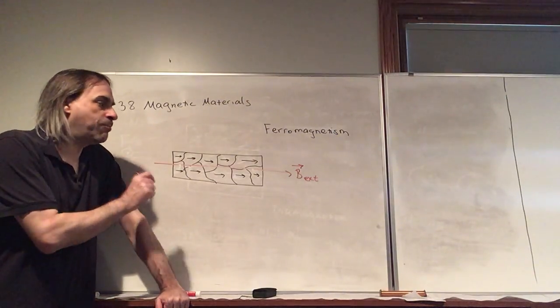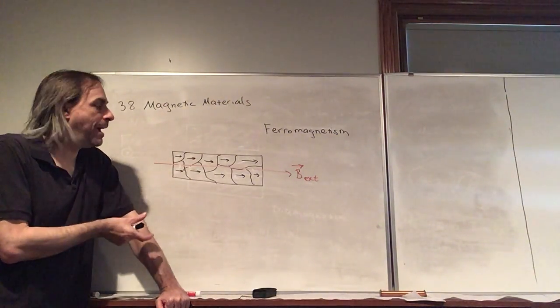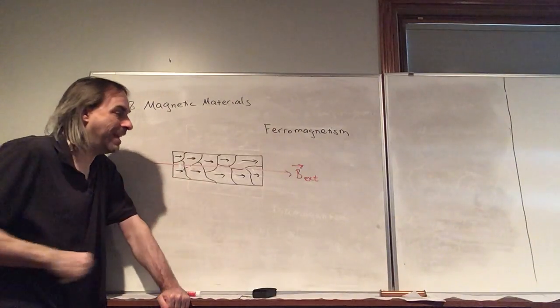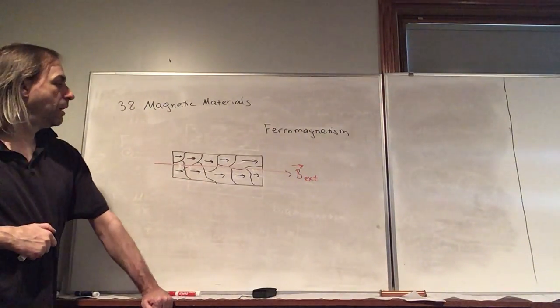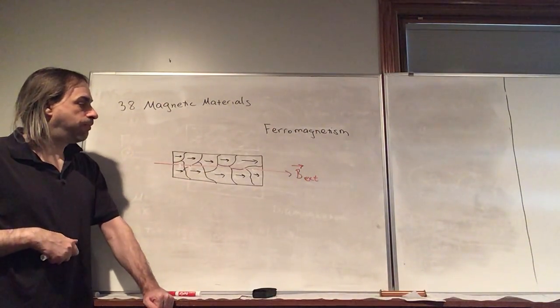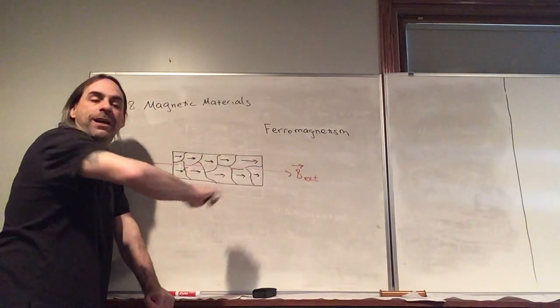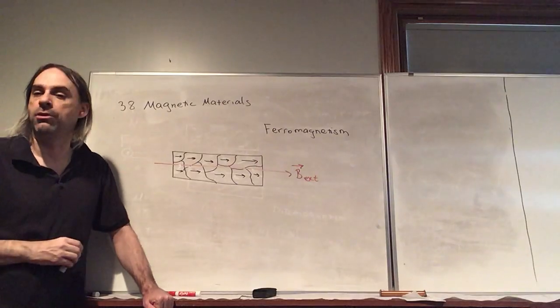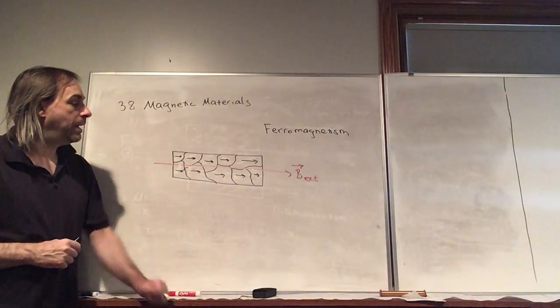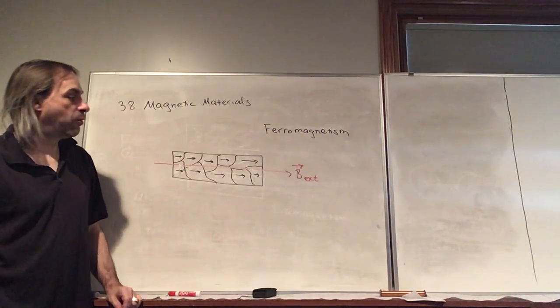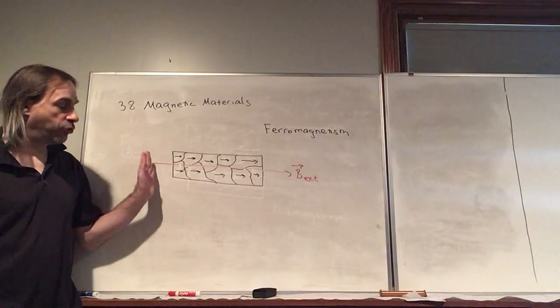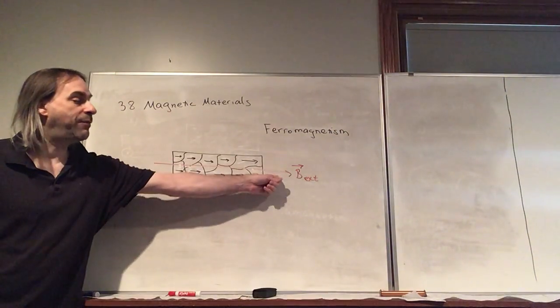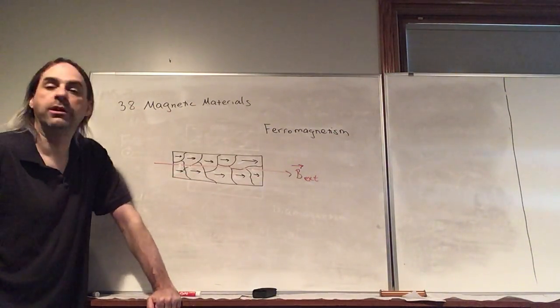And again, at this point it might look similar to a paramagnet. The details of how it got here are very different though. The domain's kind of just one unit. They can go from whatever orientation they were in to lining up with this external field. And different domains will flip at different times. Eventually you will become saturated if you have a strong enough external field.